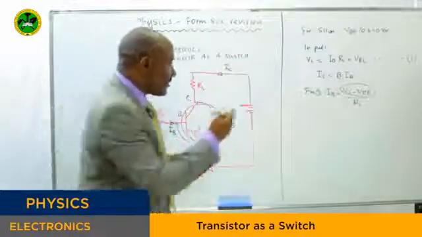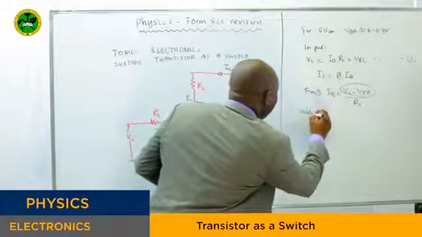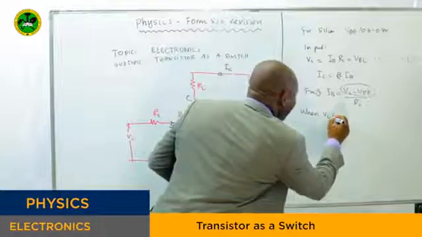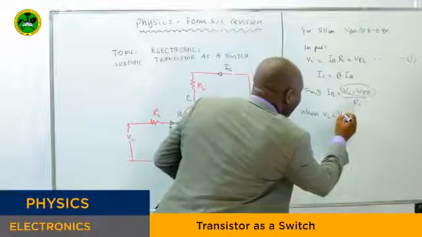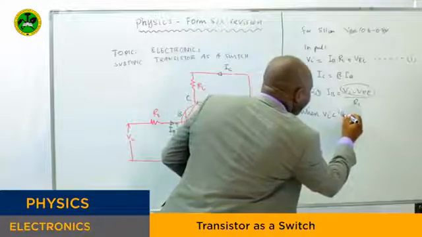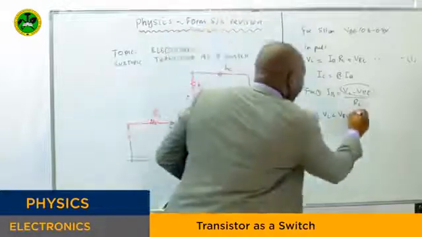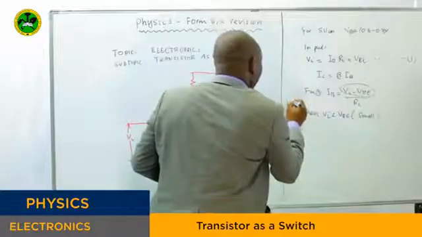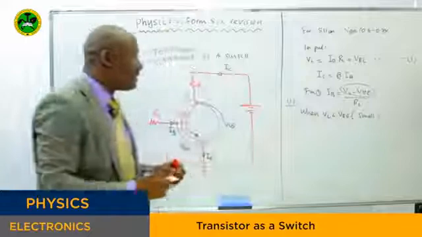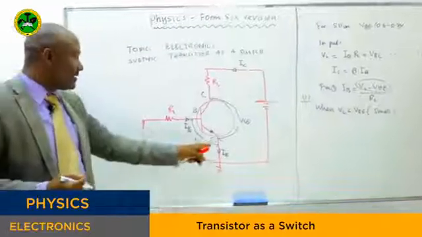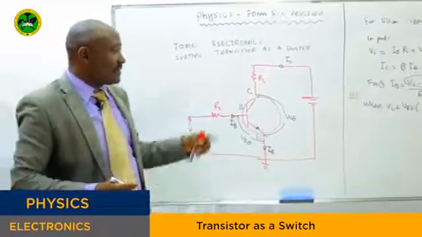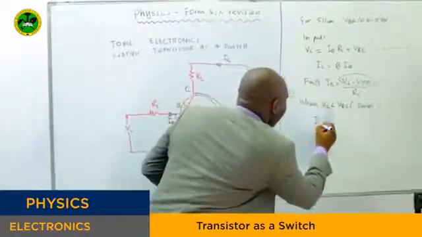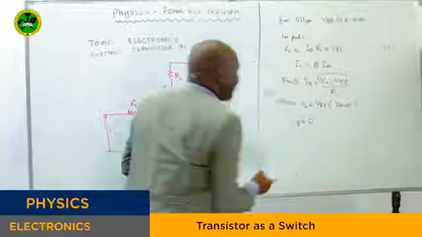Now let's see what happens when V input is less than VBE, that is, when the input voltage is very small. This is case number 1. It means we don't have current here: the base current equals 0.